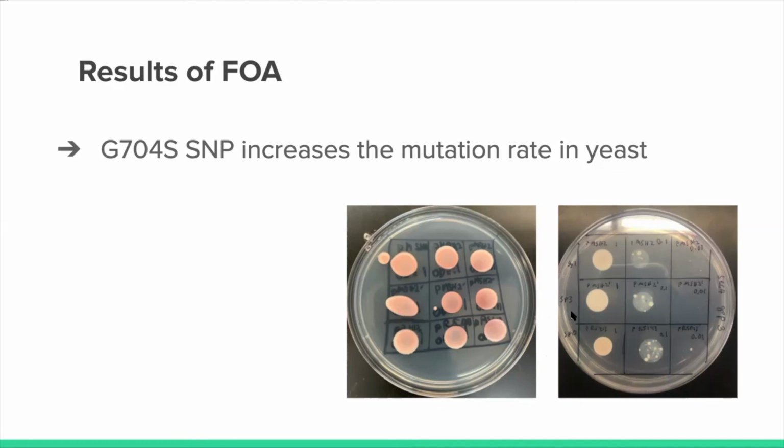That middle row there is what we're looking at, and the results are in between that of SP0 and SP1, and so ultimately we see that the mutation rate is increased due to the growth of the yeast transformed with the MSH2 mutated plasmid on the FOA plate.